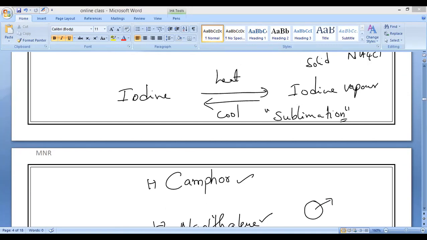Formation of ammonium chloride vapors, and again formation of solid ammonium chloride. Shall we discuss?